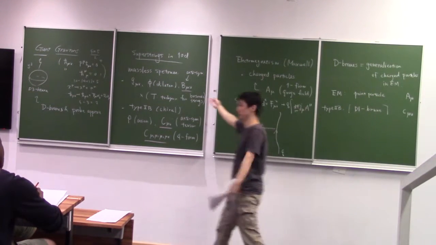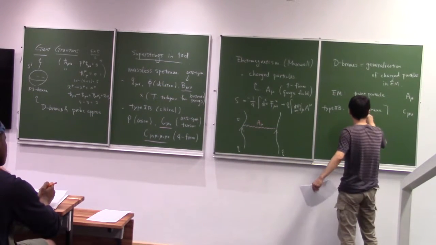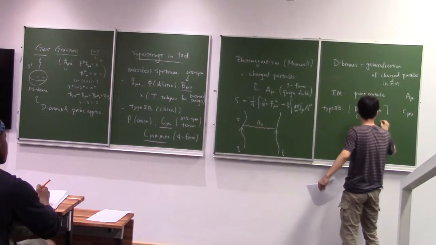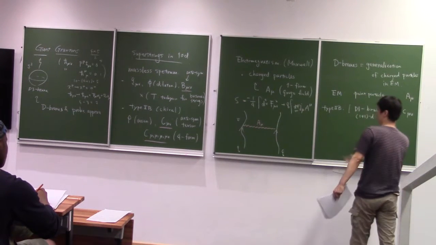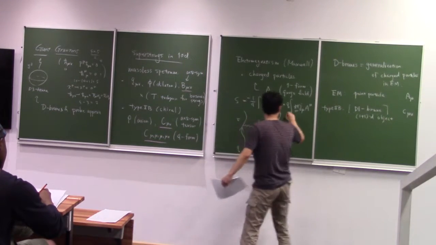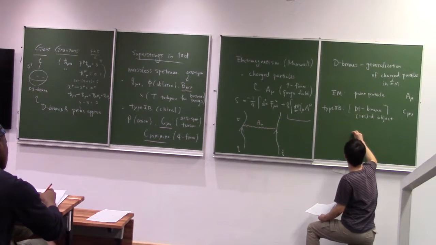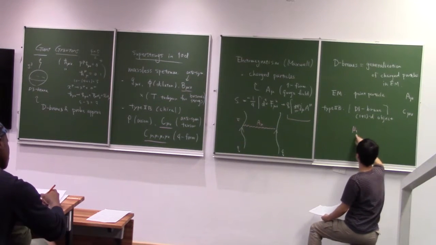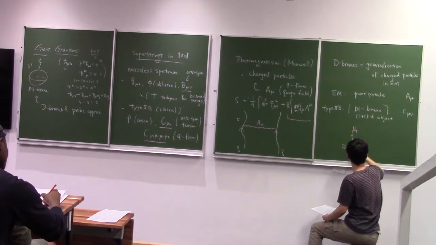It's very similar to a string. So it's a 1 plus 1 dimensional object. In analogy to this, there's this coupling, and let's call this the one charge.